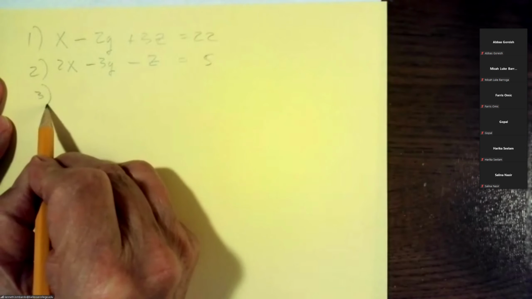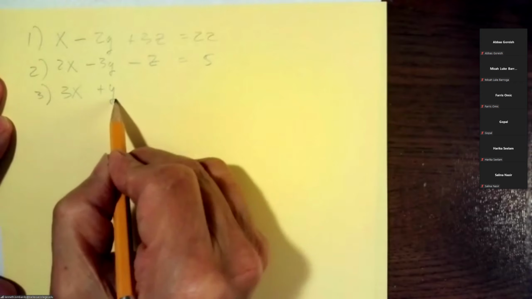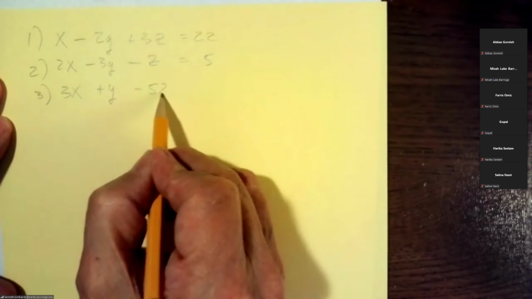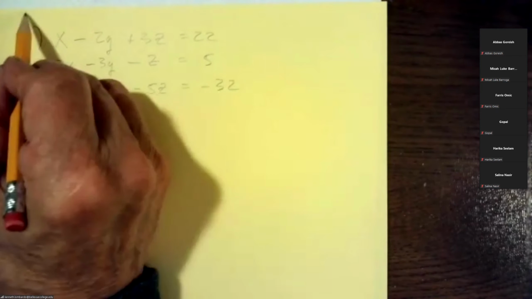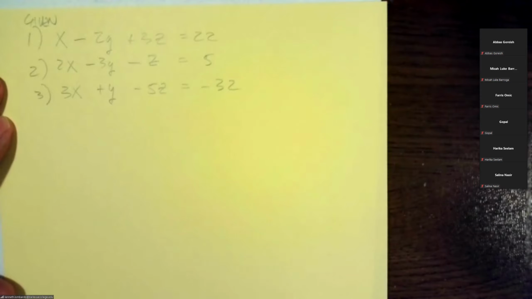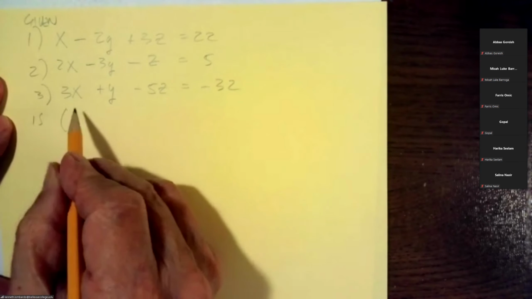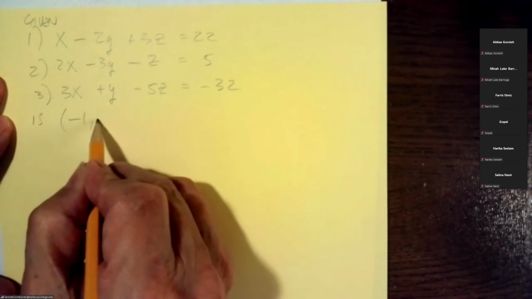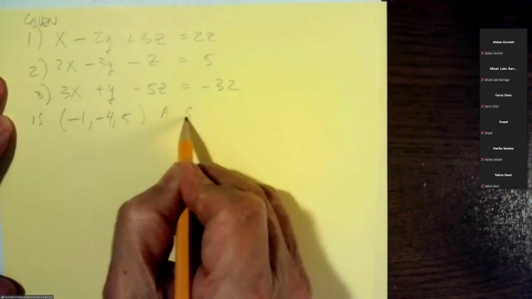And equation 3 says 3x plus y minus 5z equals negative 32. So that's what we're given. And we might be asked, is the point (-1, -4, 5) a solution?